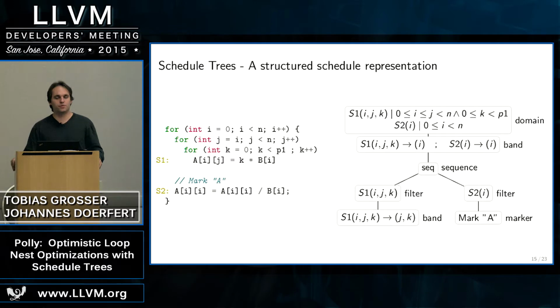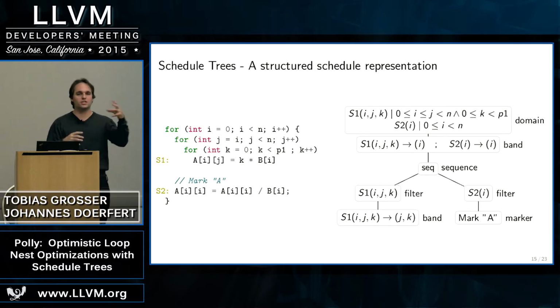But it's also very good for writing a fast compiler. Before, with the original input I just showed you, all the questions we reason about boil down to an ILP problem. You ask which iteration is before the other one, and then you compute a lexicographic minimum to find this out. Even though we can be fast, that's still a lot slower than just looking at a tree and seeing, okay, there's a sequence and this one is before the other.